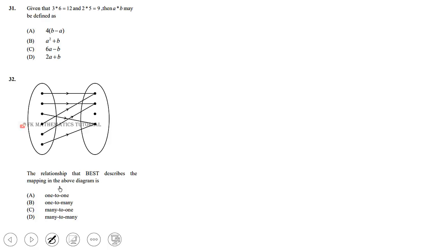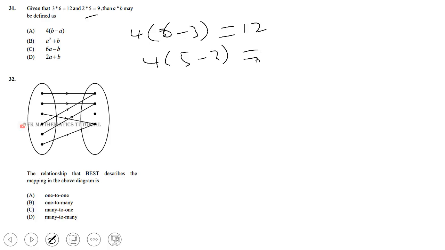Let's take 3 star 6: 4 times 6 minus 3, that will give you 4 times 3, which is 12. Then let's take this one too. We have 4 times 5 minus 2, that will give you 4 times 3, which is 12. So that is correct. So the correct answer is A.